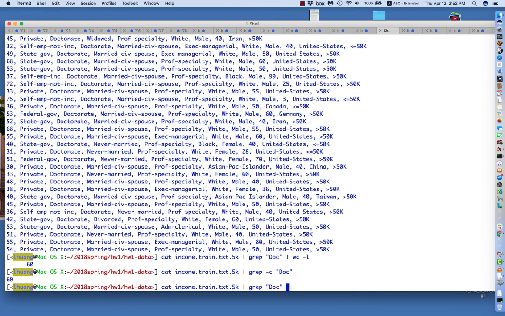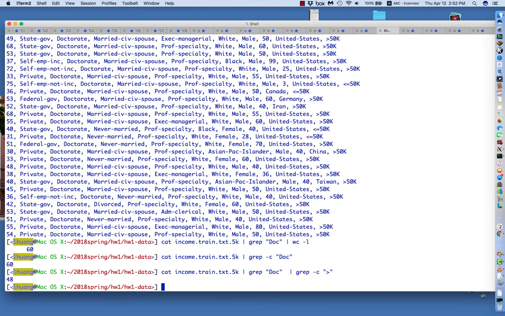Now, among them, how many people have greater than 50K annual income? -c. 48. Wow. That's how we calculate 80% positive, right? And what about, let's say, never married?